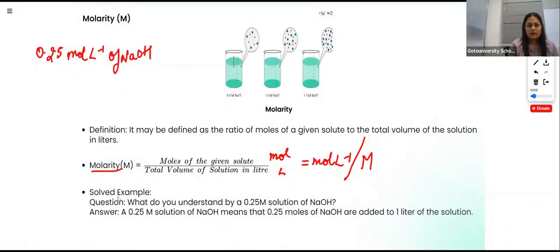This is how we read the statements if it is given in a numerical.